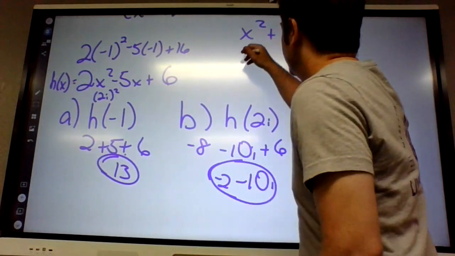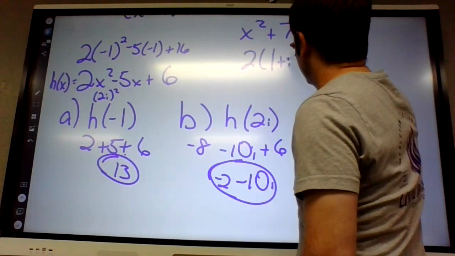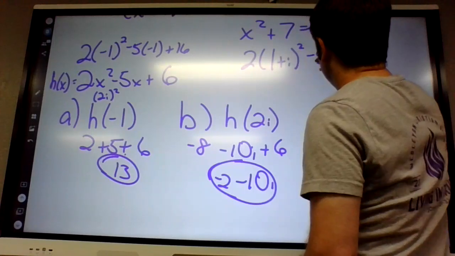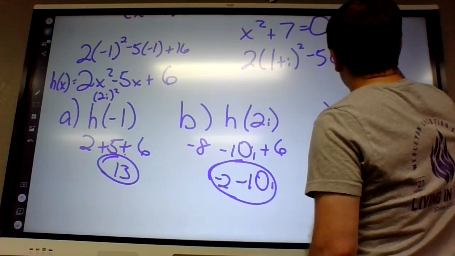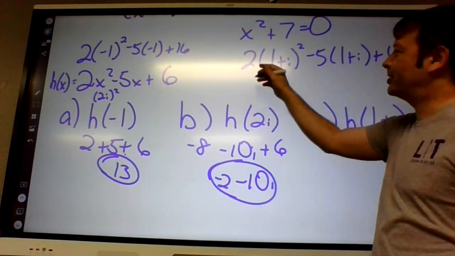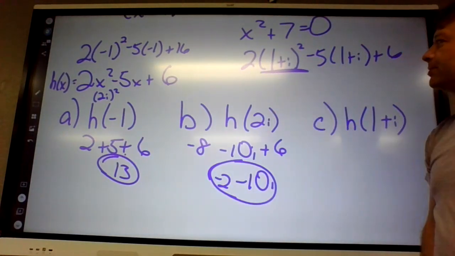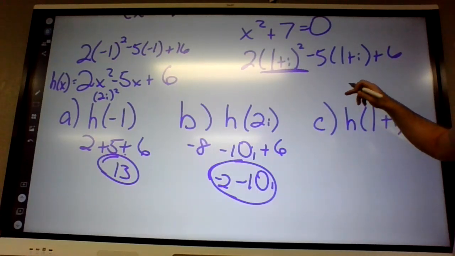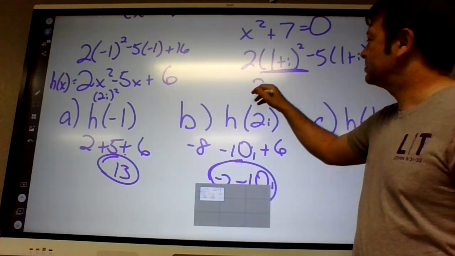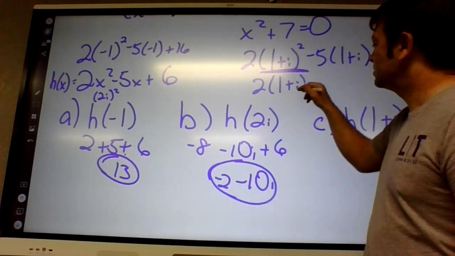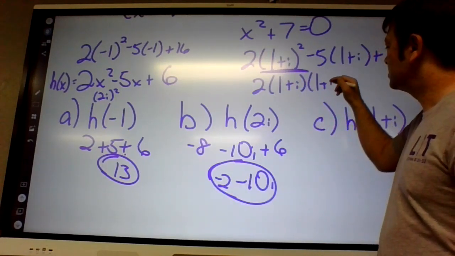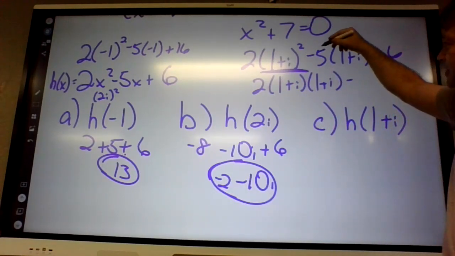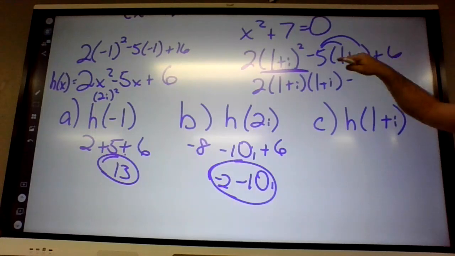Oh gosh, it's a pain to do it without the calculator. Okay, so it'd be 2 times 1 plus i squared, minus 5 times 1 plus i, plus 6. So this part right here is the main problem. That's a FOIL, 1 plus i times 1 plus i. This one is not hard, it just distributes the -5.